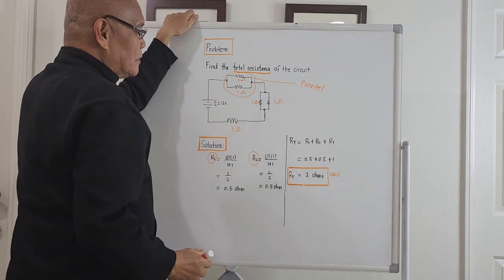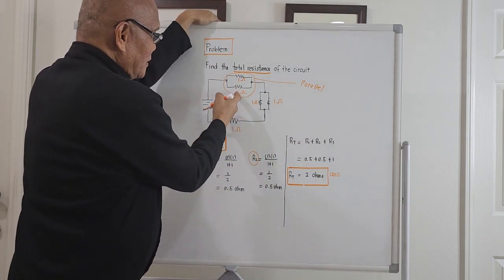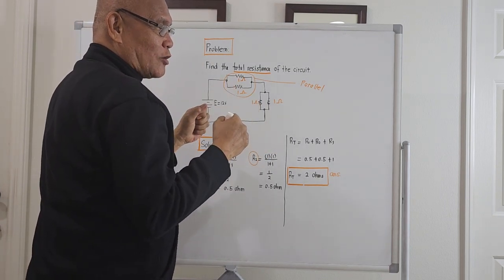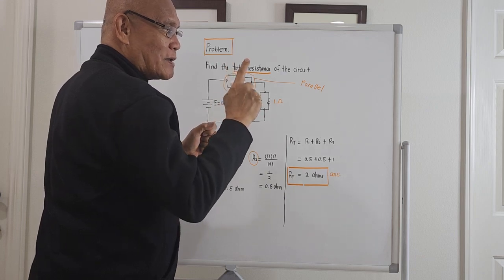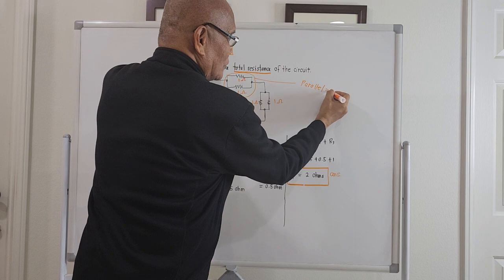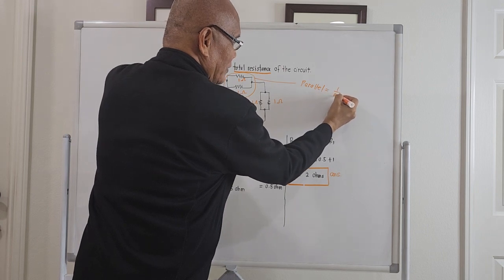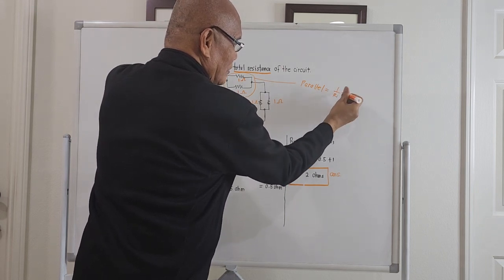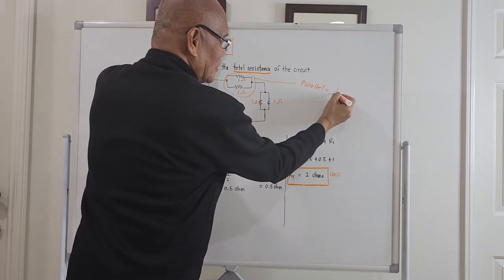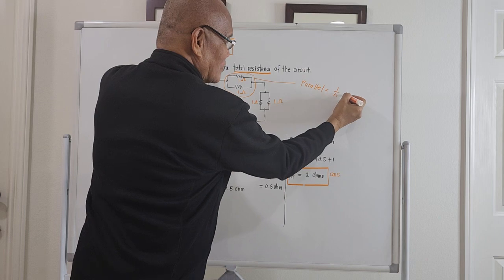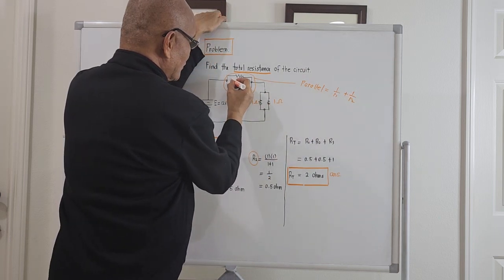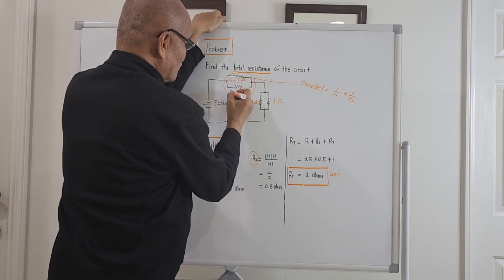So if we try to compute the compressed equivalent of this one as one simple resistor, this should be equal to 1 over r1 plus 1 over r2. I place this one as small r1, this will be small r2.